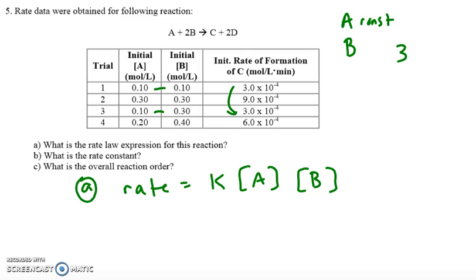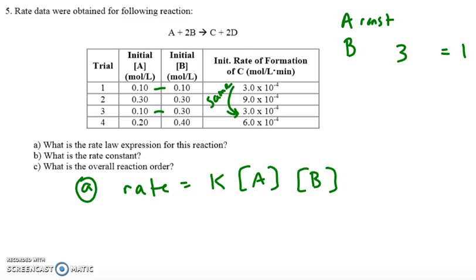What is therefore the effect on the rate as we go from the smaller concentration of B to the larger concentration of B? We see here that the rate does not change. The rate is the same. So when the rate does not change, the rate factor is just going to be 1.